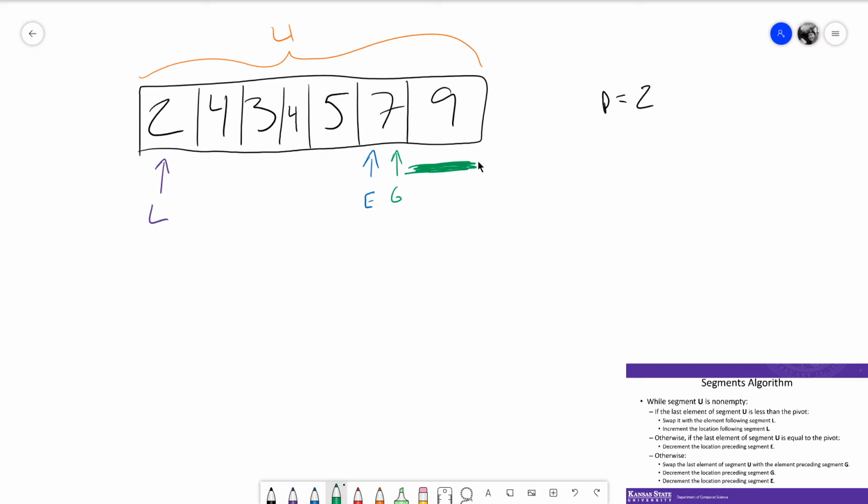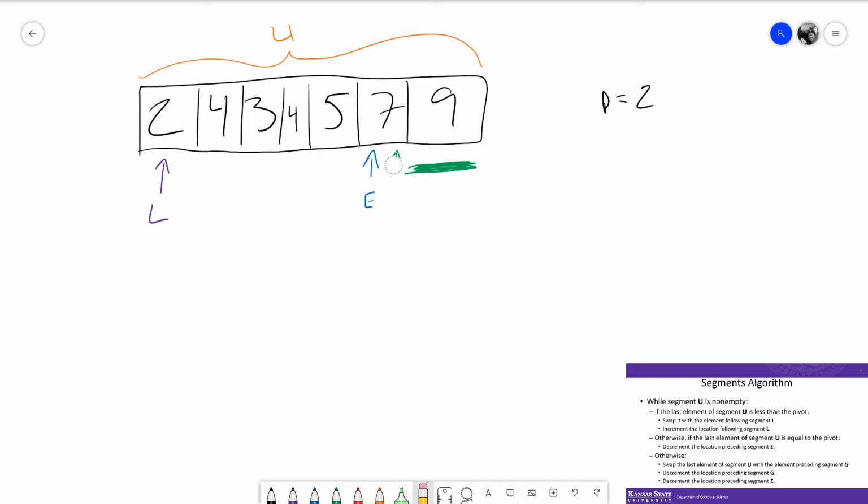Okay, we'll loop back up. Look at 7. Is 7 greater than or less than our pivot? Well, 7 is greater than our pivot point. So 7 gets swapped with the element preceding segment G, which is here again, so it gets swapped with itself and stays where it's at.